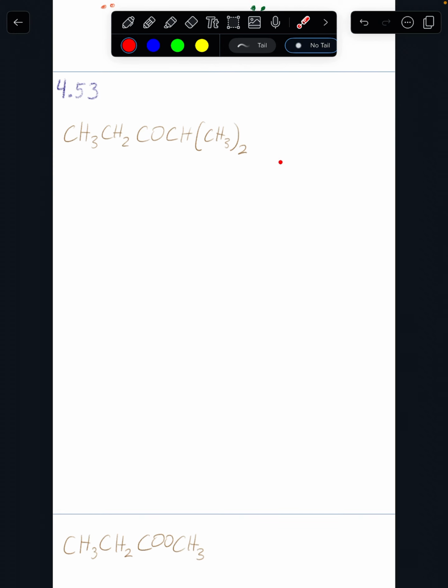So now these ones here, the 4.53, this is the condensed written out form. It wants us to draw a Lewis structure based off of it. The cool thing is, we'll know from this order how it all connects.